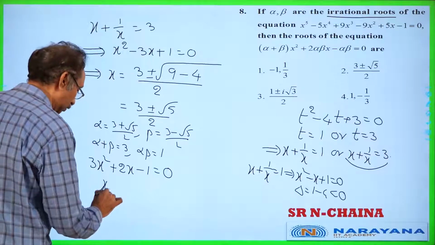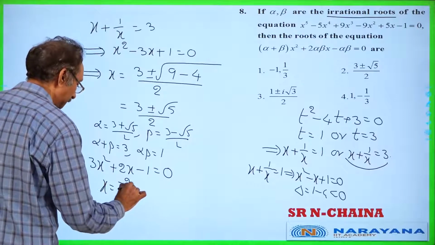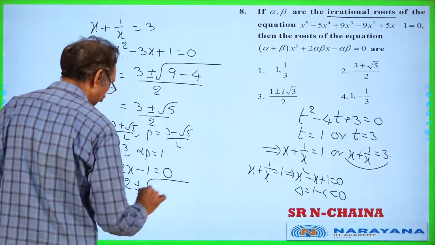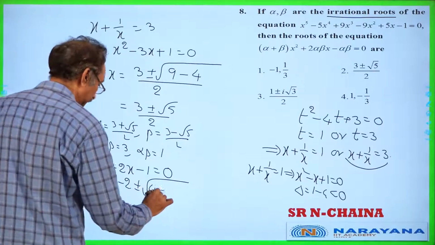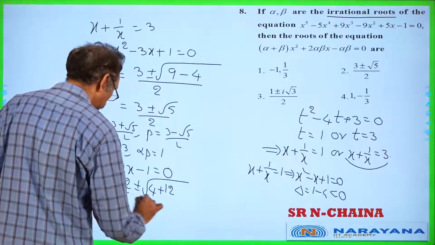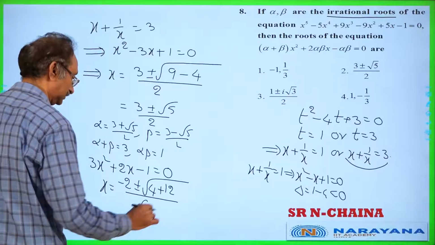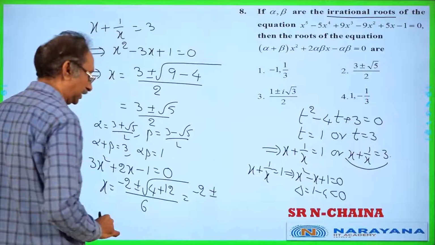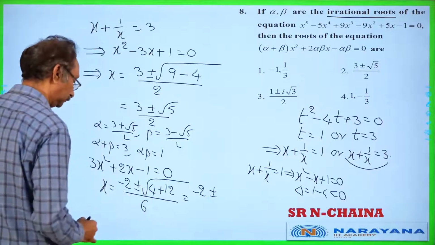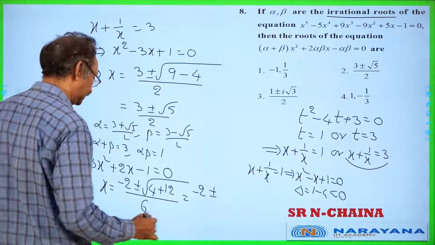So x is equal to, we use the formula again, minus b plus or minus root of b square minus 4ac, that is plus 12, by 2a, 6. So that is minus 2 plus or minus root 16.